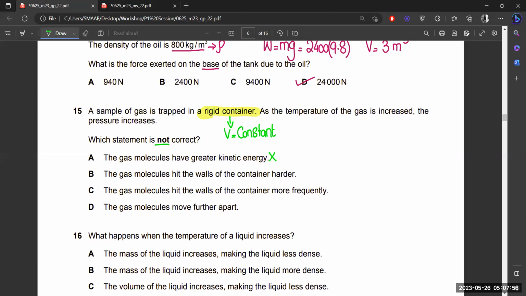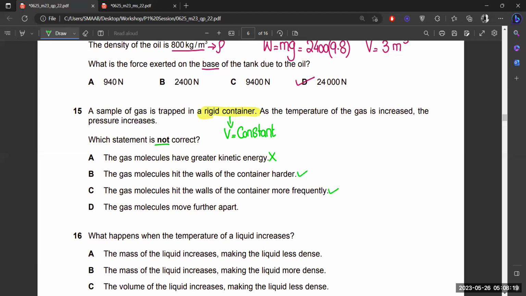The gas molecules hit the wall of the container harder. Okay, maybe this option is possible. Let's check the other option. The gas molecules hit the wall of the container more frequently. These options are right, because we know pressure increases.